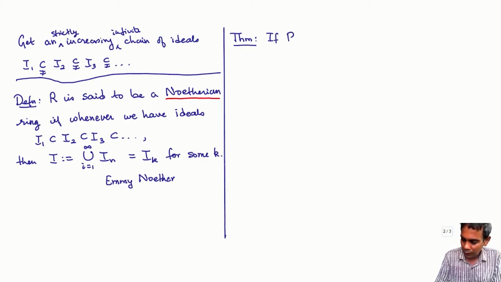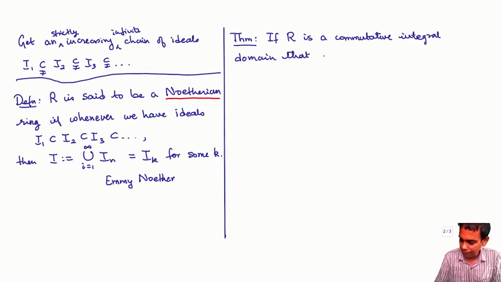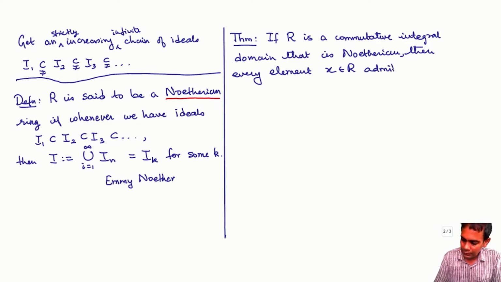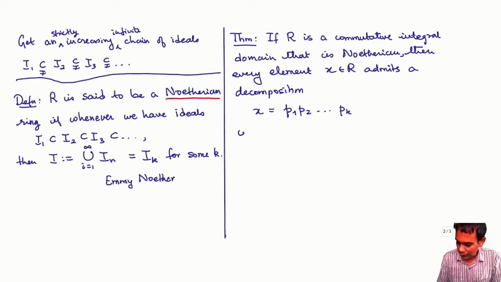If R is a commutative integral domain that is also Noetherian, then every element x belonging to R admits a decomposition x equals P1, P2, ..., Pk, where P1, P2, ..., Pk are irreducible elements.